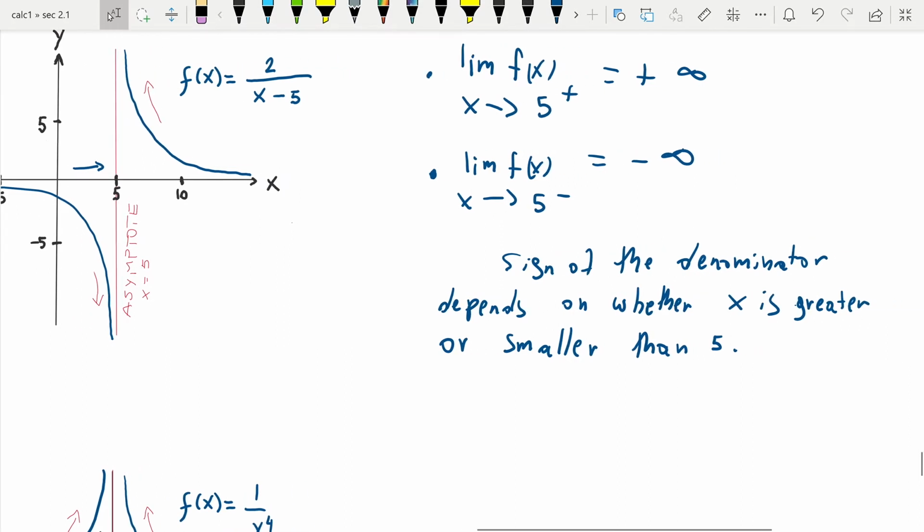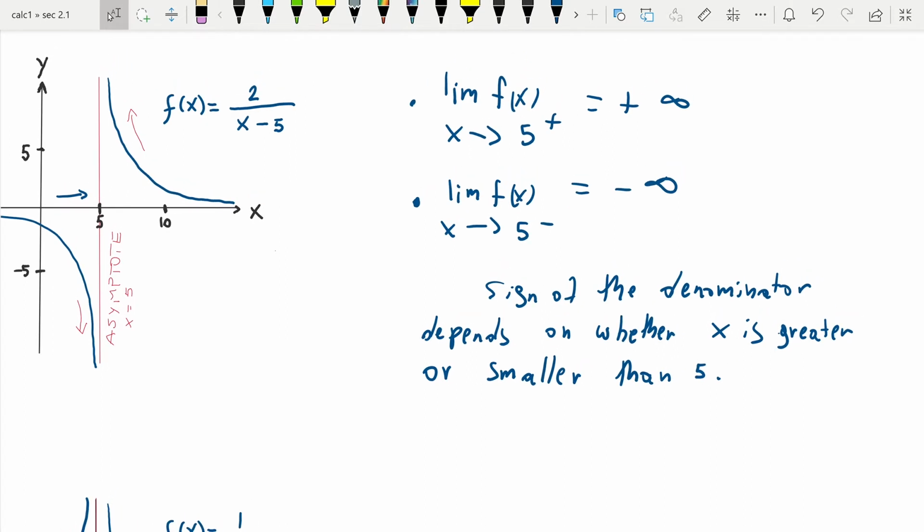And that's where we get these signs: plus infinity if x is approaching 5 from the right, and minus infinity if we're approaching 5 from the left, because then on that side f is negative.